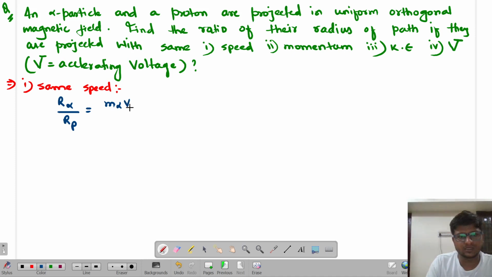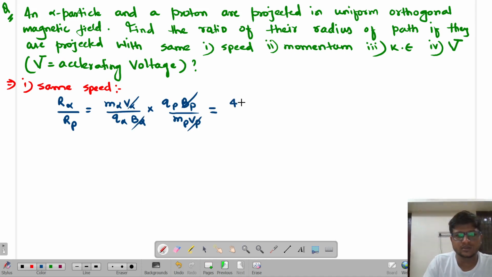So basically, what I will get? Mass of alpha, velocity of alpha by charge of alpha particle into magnetic field, in just reciprocal of same case, charge of proton, magnetic field of proton by mass of proton, velocity of proton. This got cancelled. Mass of alpha particle is 4 AMU. Charge of proton is E. Then charge of alpha particle twice E into 1 AMU.